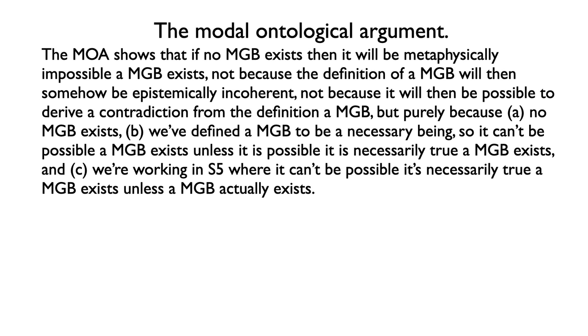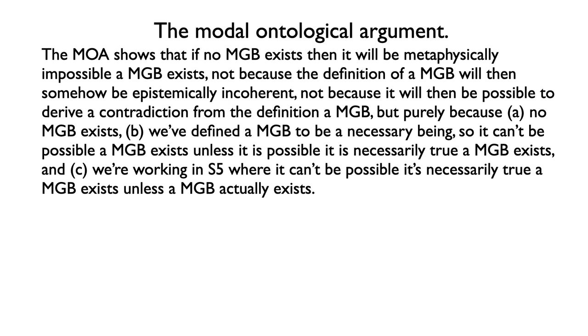It shows this not because the definition of a maximally great being will then somehow be epistemically incoherent, not because it will then be possible to derive a contradiction from the definition, but purely because A, no maximally great being exists, B, we've defined a maximally great being to be a necessary being, so it can't be possible a maximally great being exists unless it is possible it is necessarily true a maximally great being exists.